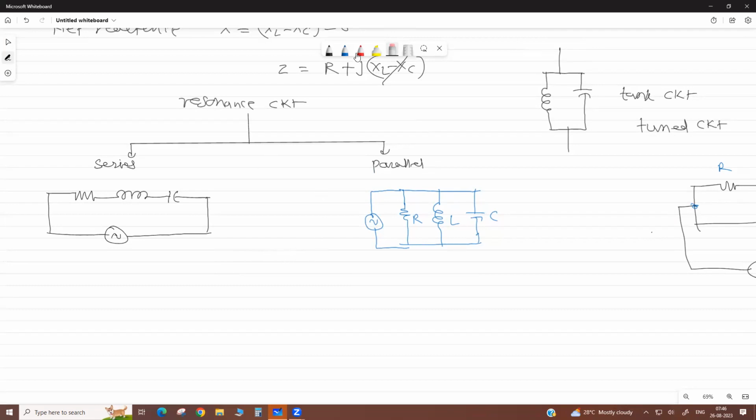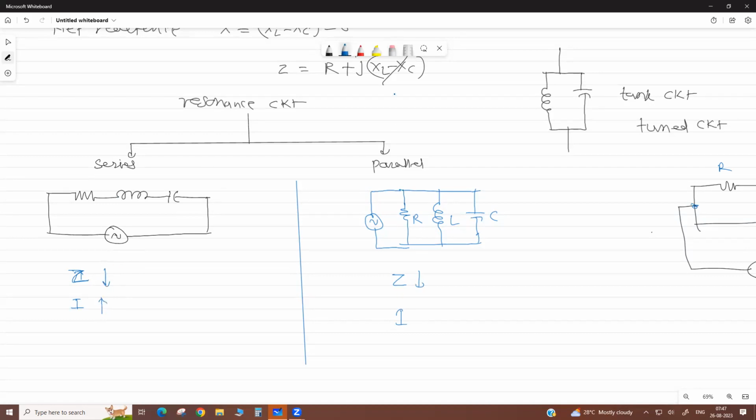Clear? But their properties are opposite. In series resonance, at the resonance condition, the impedance is minimum and the current is maximum.